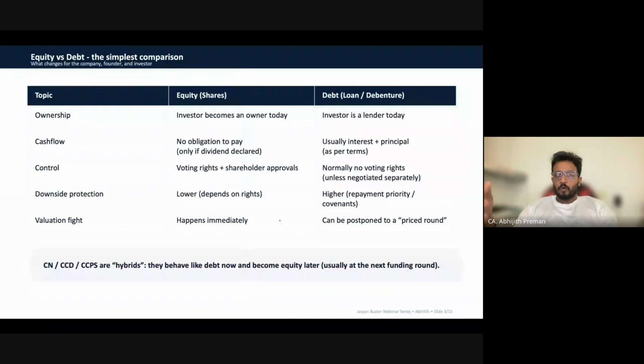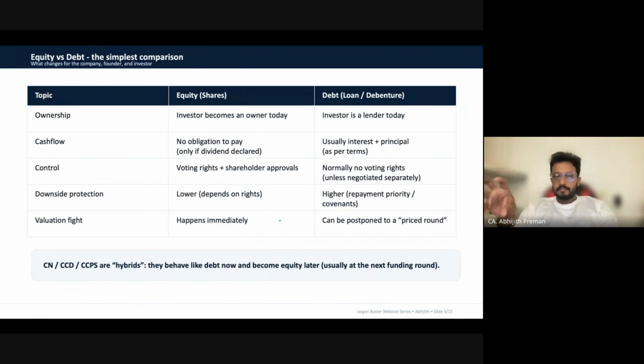Then downside protection. In equity, it is lower and depends on rights. In debt, it is higher. When I say downside protection, suppose the company is currently valued at 30 crore, but the business is not going well and the numbers are not that good. In the next fundraising round, they may have to come down to a 20 crore valuation.